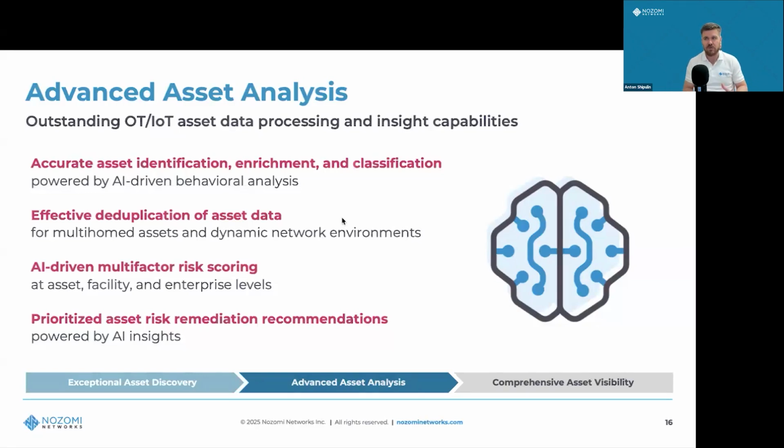Our platform also handles deduplication of multi-homed assets to ensure clean, reliable, accurate data. And beyond that, we use an AI-driven approach for multi-factor risk scoring at the asset level, facility, and enterprise. And finally, we provide AI-powered remediation recommendations, helping our clients prioritize what to fix, where to start, and how to reduce risk effectively.